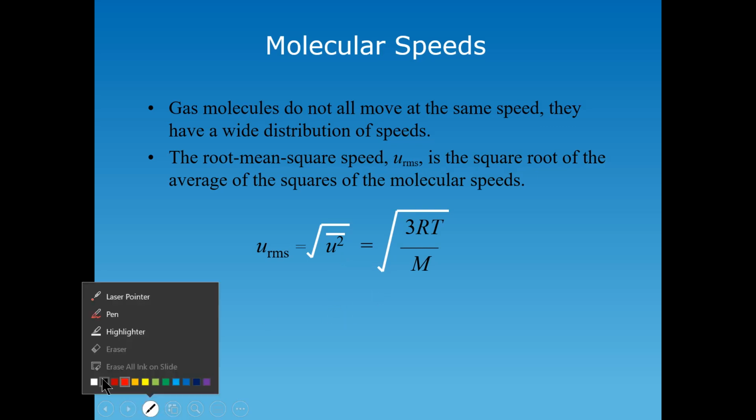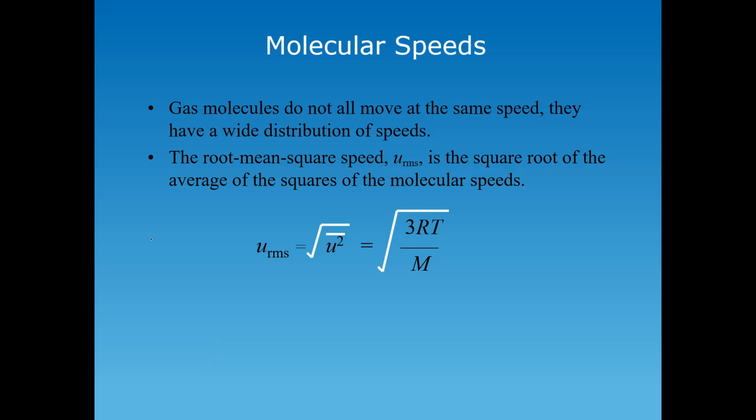That will be equal to the square of the speed of molecule 1 plus the square of the speed of molecule 2 plus the square of the speed of molecule 3 plus the squares of all the other molecule speeds up to the nth molecule, and then we divide all of that by n, all right? So that's what this part here means.